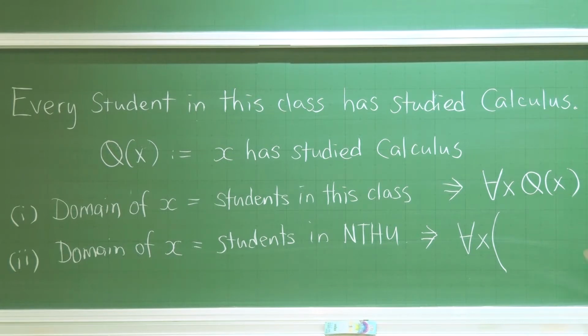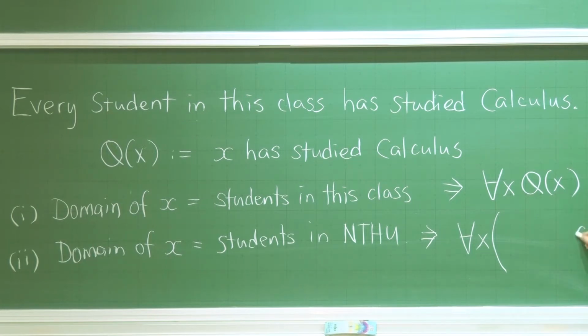If I use for all x Q(x), then this is not correct, because there could be students in NTHU who don't study calculus, but then for all the people here, we may all study calculus, and it will make this whole thing false, which is not intended. So what should we do?